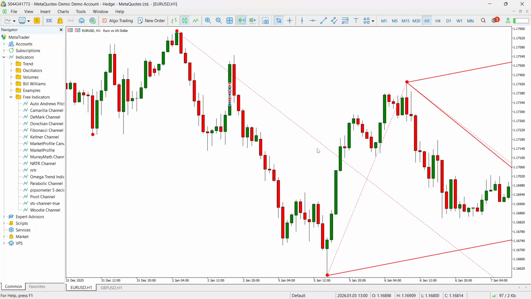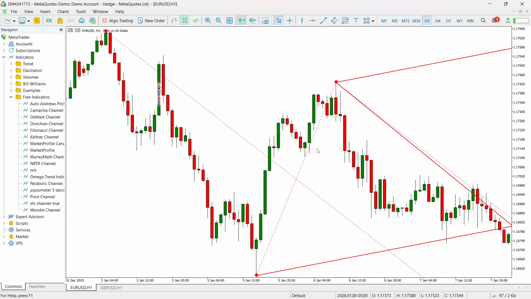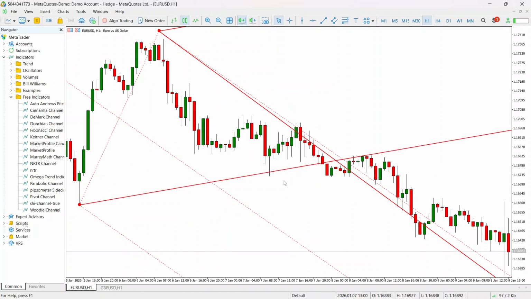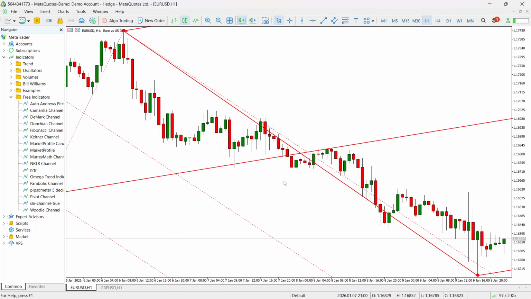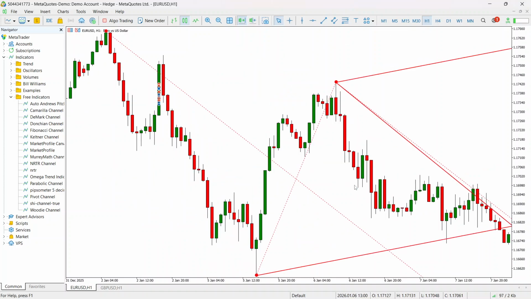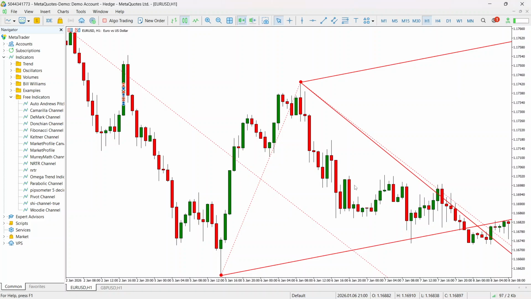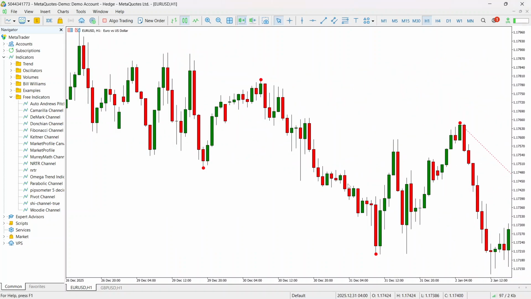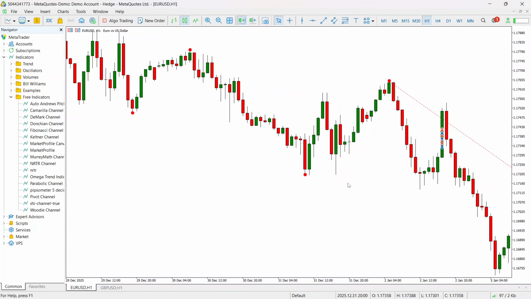Two equidistant lines are drawn parallel to the median line, extending from the third pivot point, one above and one below, creating upper and lower boundaries that act as potential support and resistance zones. The median line acts as a dynamic trend line with price tending to stay above it during uptrends and below it during downtrends, while the upper and lower lines define the channel extremes.